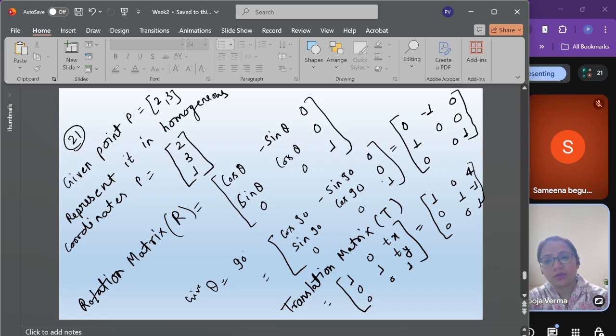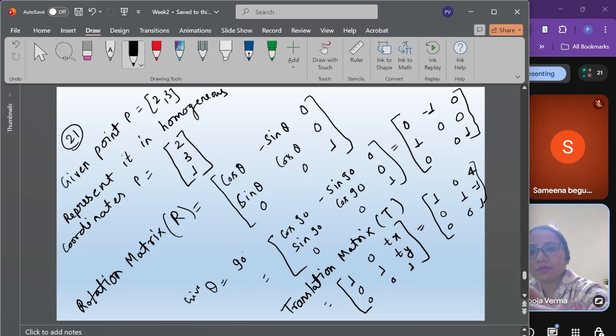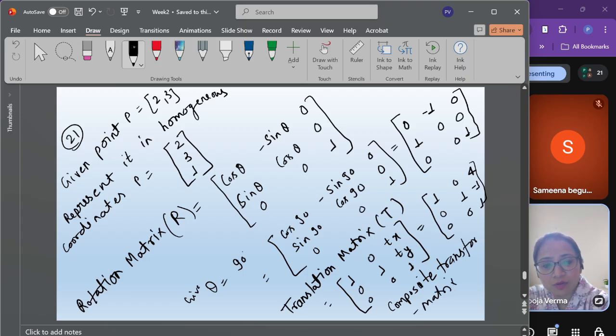Now I have to remove it from here. Have you noted down? Can I remove it from here? Next, the first step is to calculate the composite transformation matrix, because we need to calculate the final point.